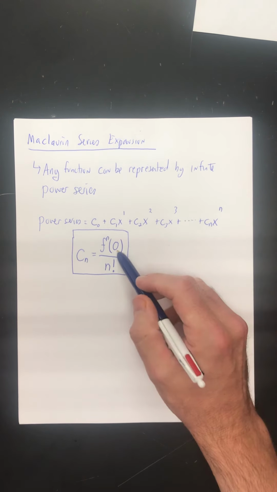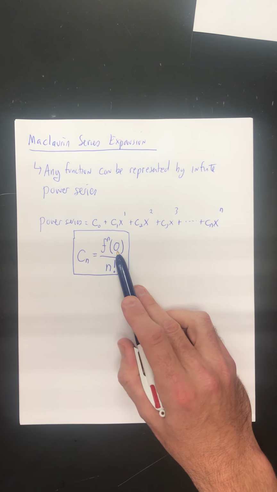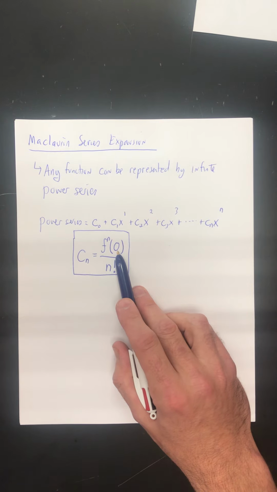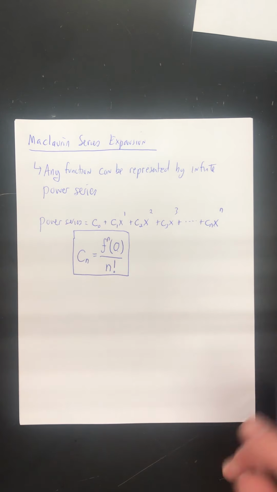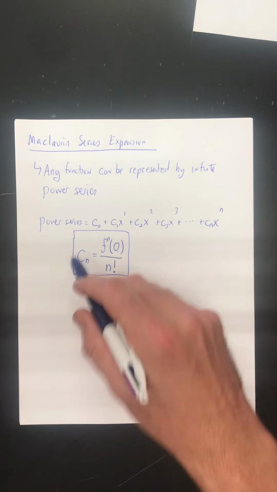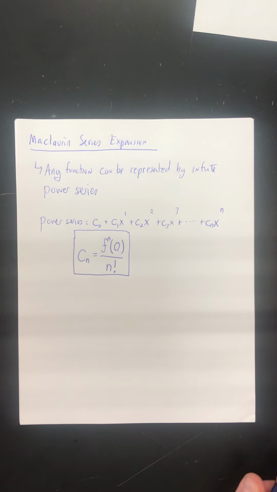Now, why 0? Well, that's the work of Mr. Maclaurin. If this were a different constant, say we're evaluating this at a, some place in the domain, that's called the Taylor series expansion, and the coefficient and the power series have slightly different versions.